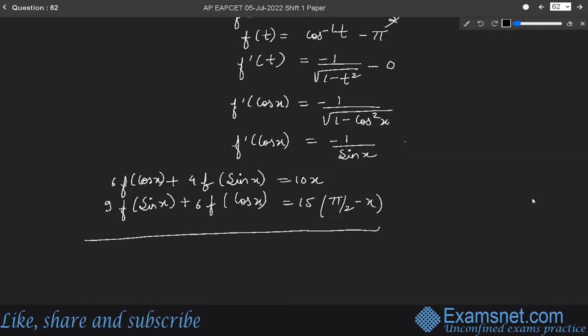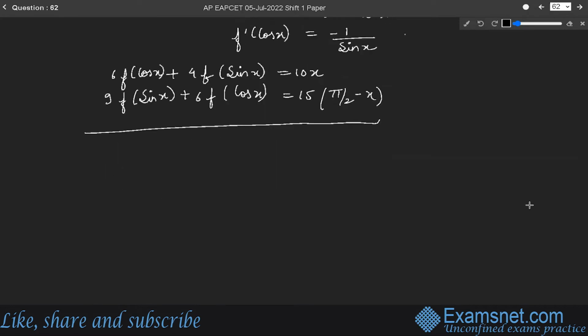On adding these values, the signs will be minus, minus and minus. 6f cos x and 6f cos x will be cancelled. Minus 9f of sin x plus 4f of sin x is minus 5f of sin x. It is equal to minus 15 pi by 2 plus 15x plus 10x.